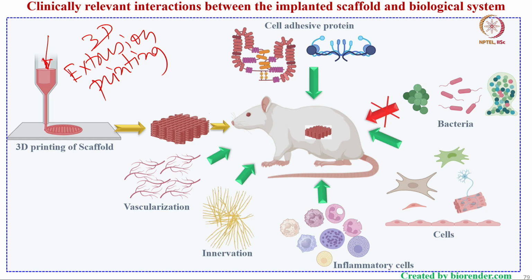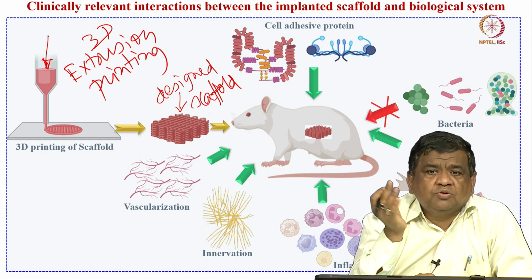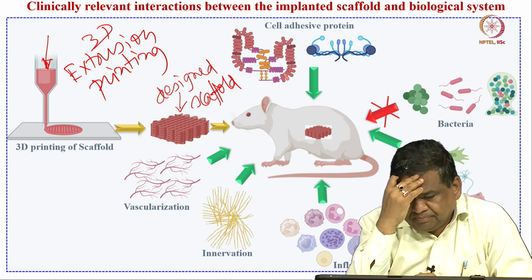Depending on the architecture that you want to print, you get a designed scaffold, right. So, let us say this is a 3D printed scaffold. Now, these 3D printed scaffolds we can put into an animal model. This animal can be a mouse model or rat model and so on.